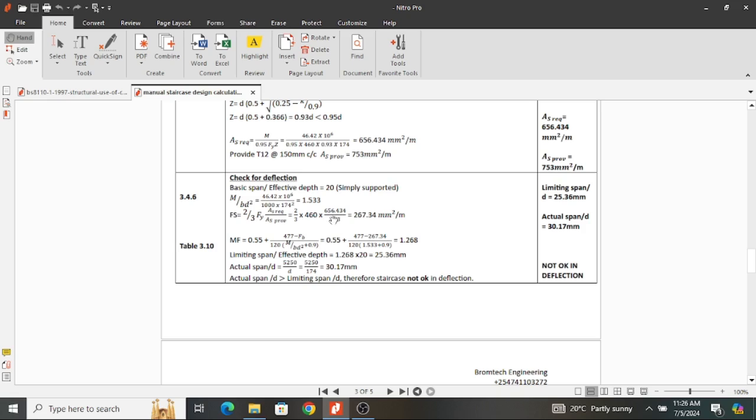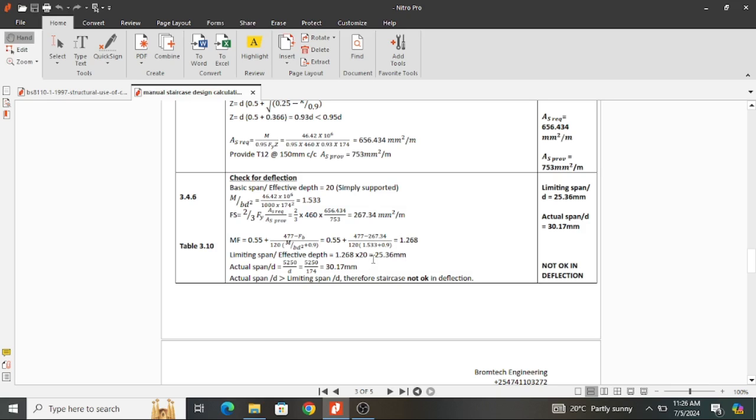Therefore, I can feed that here, redesign this, and find out whether after increasing my reinforcement the modification factor is enough. Obviously these will be greater, because if I use bigger reinforcement these will increase, and it could fail, or it could make the construction very expensive, because now you have increased reinforcement.